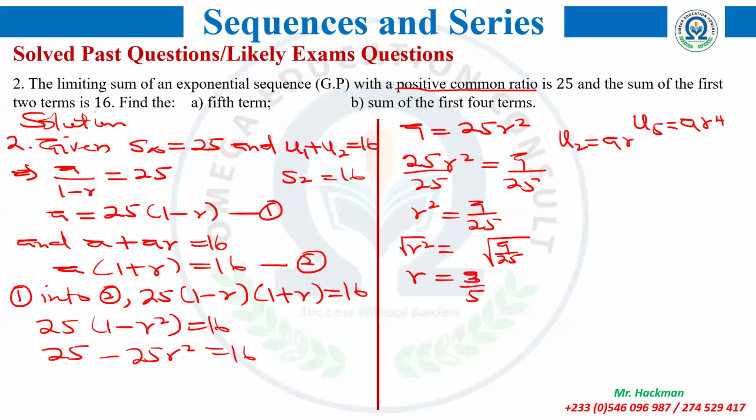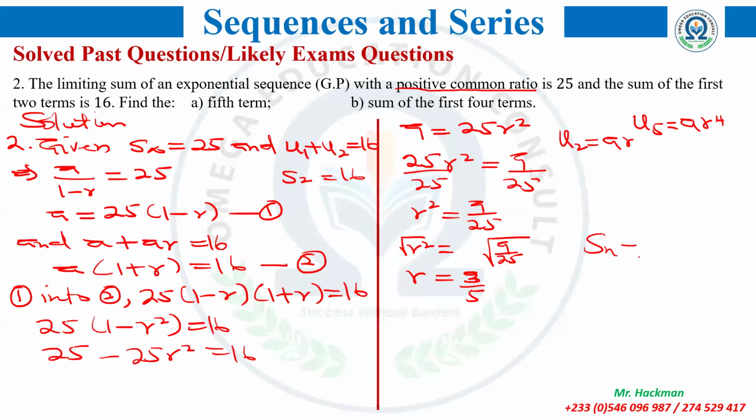So this is it. This is the sum. Please take note of the S sub n formula and the U sub n formula. If you are looking for U sub 5, you need the value of A and the value for R. We know R, so automatically we need to go and find A. And for the sum of the first 4 terms, you also need S sub n.